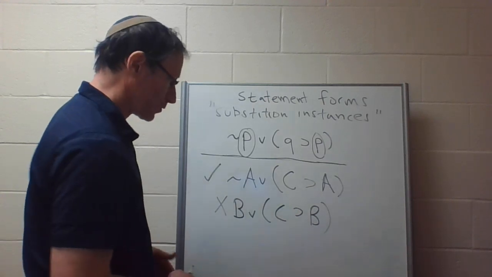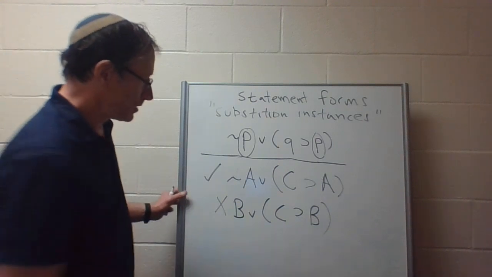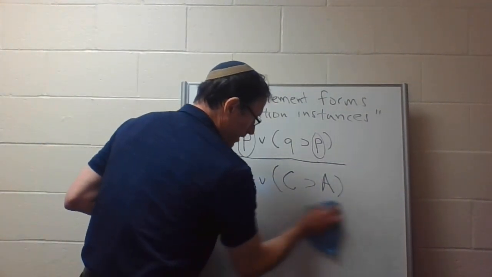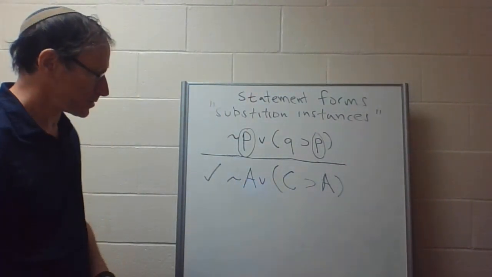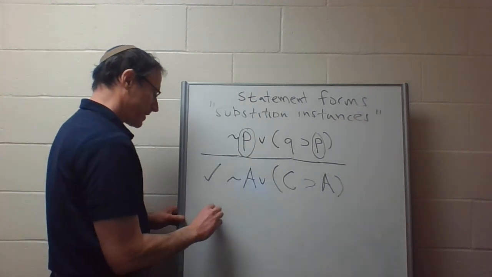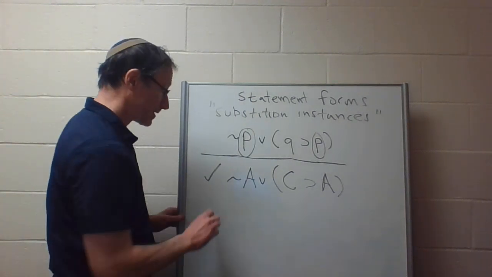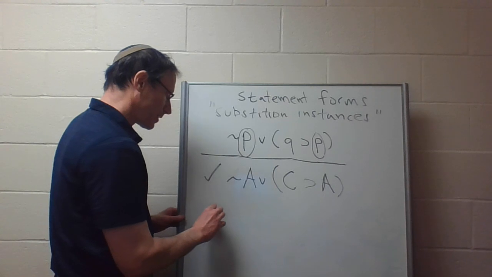What about something more complicated? Sometimes it's not easy to tell right away whether it's a good substitution instance, but suppose I have this. Look at this. This might seem a little tricky.